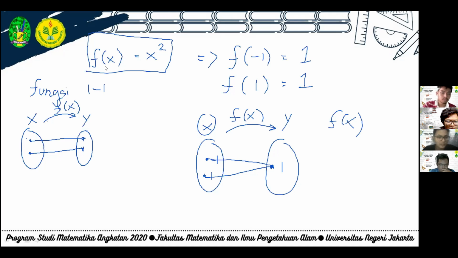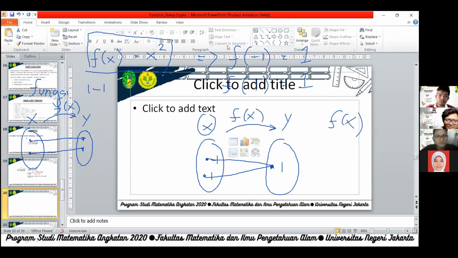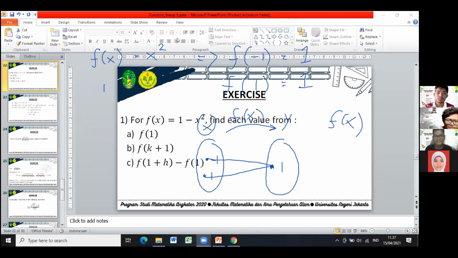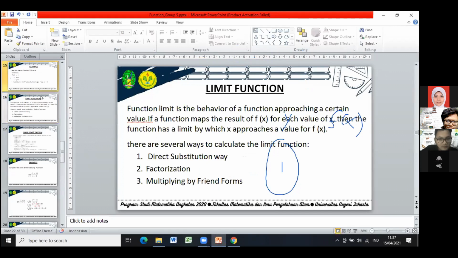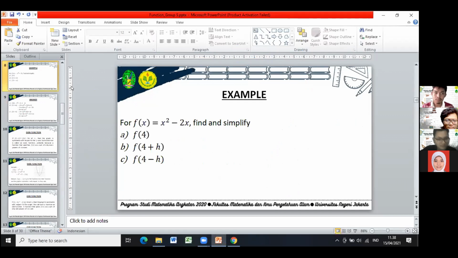Do you want to ask again? May I ask a question? Oh, sure, Mrs. Please show your slide number 8. In this slide, we have f(x) equal to x squared minus 2x.